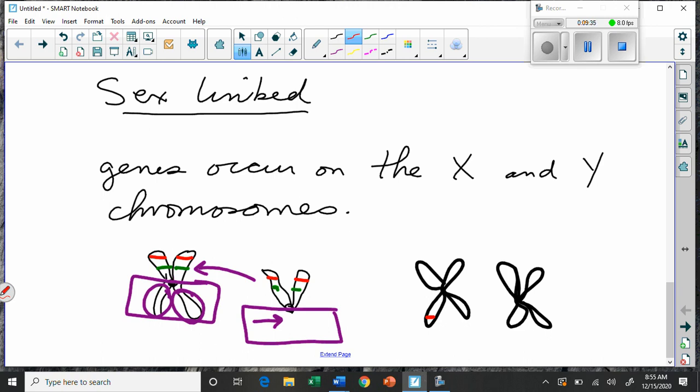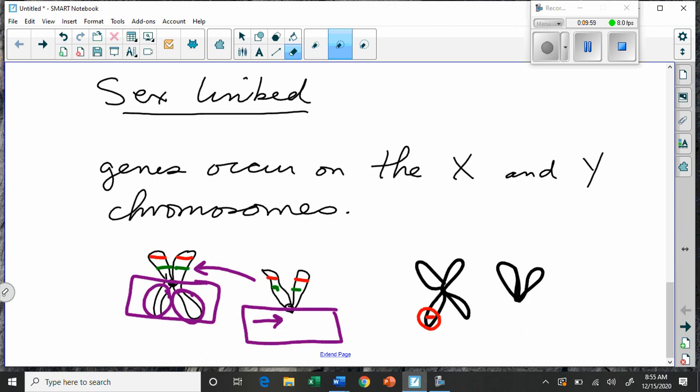Well, if you have an allele for muscular dystrophy here, and it's a recessive allele, if you're a female, you might have the same gene over here, but you might get the dominant allele, which would mask it, and therefore you would be okay. You wouldn't have muscular dystrophy. But if you're a male, guess what? You don't have that option.